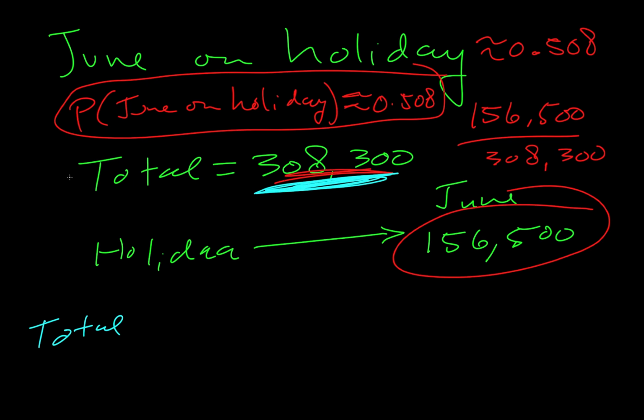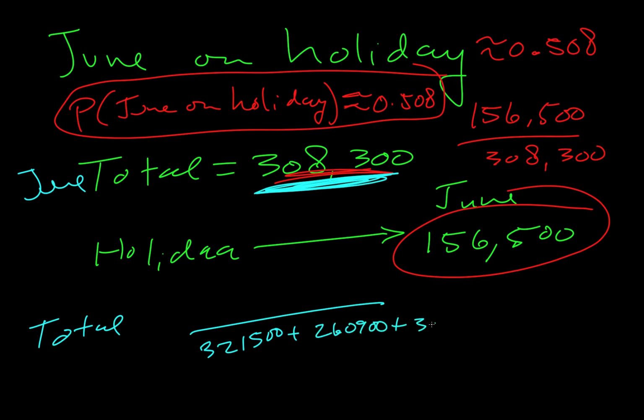This is our total for each month. So we need to add those three numbers on the bottom together. So our total is going to be 321,500 plus 260,900 plus 308,300.